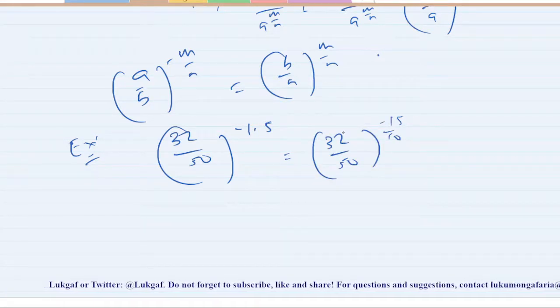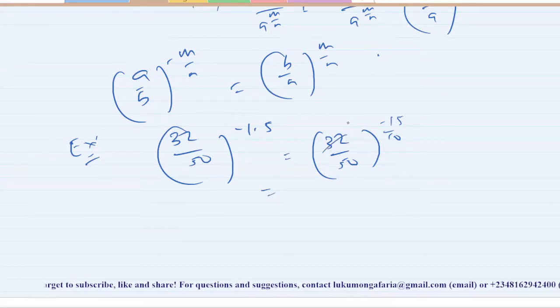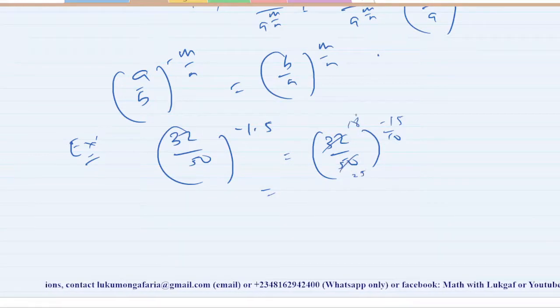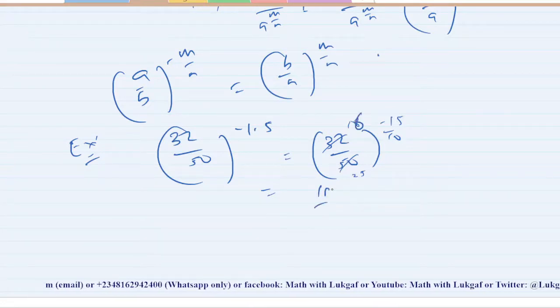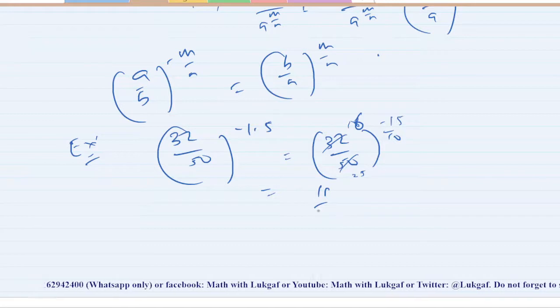So you will observe that 2 can go here, 2 here, that is what? Sorry, 2 here is 16, not 18. 16 divided by 25.